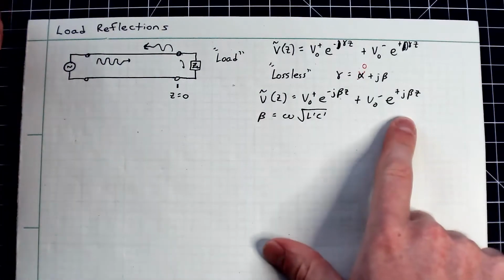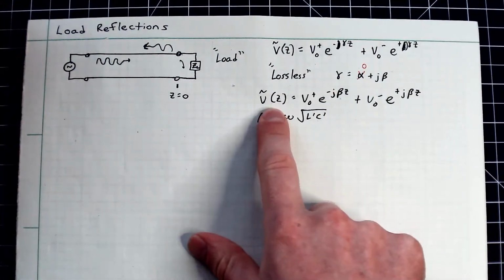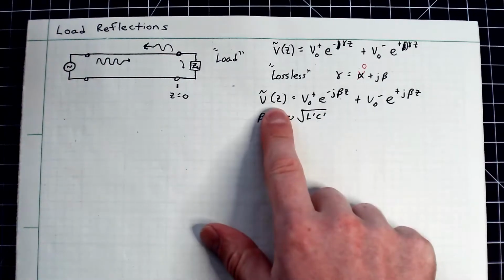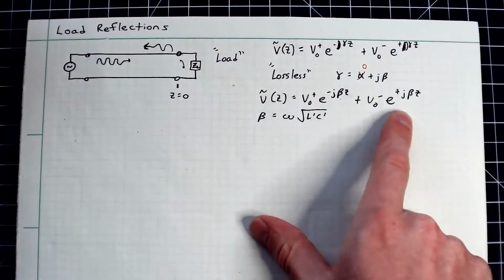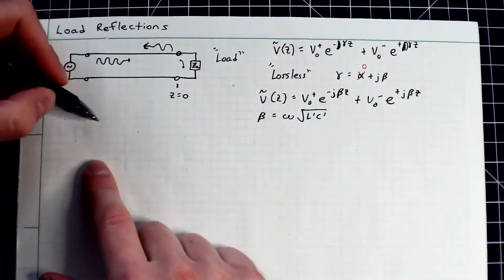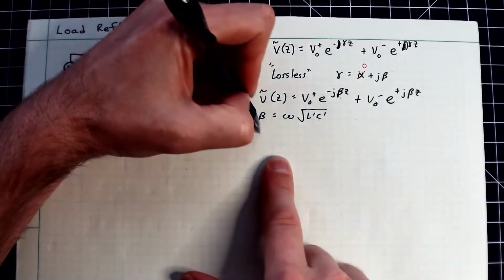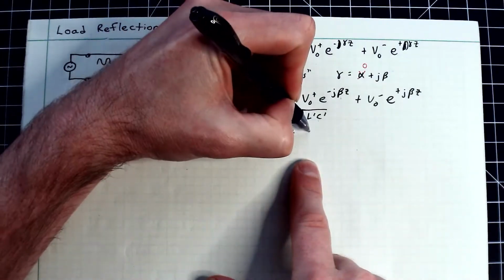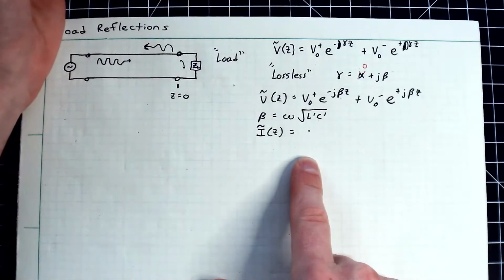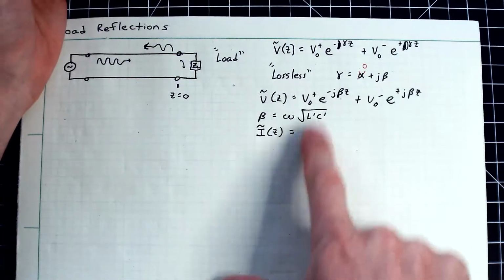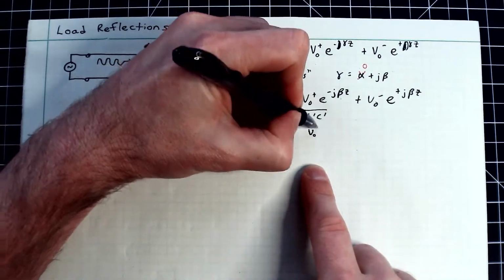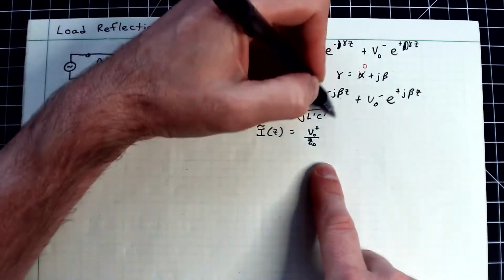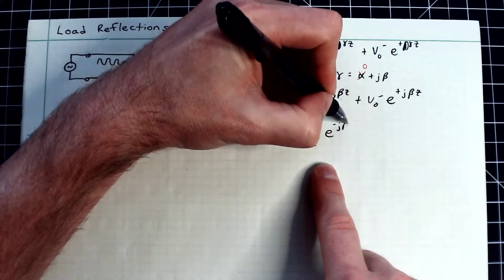Now remember also, if I have some voltage here, I am not free to arbitrarily specify the current. There is only one current that can correspond to these voltage waves. So I of z is equal to, and remember, we learned from the characteristic impedance that it follows a very simple expression, V naught plus over Z naught times e to the minus j beta z.